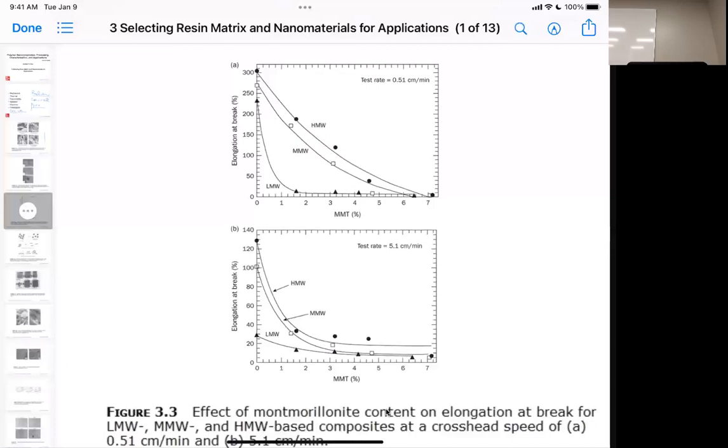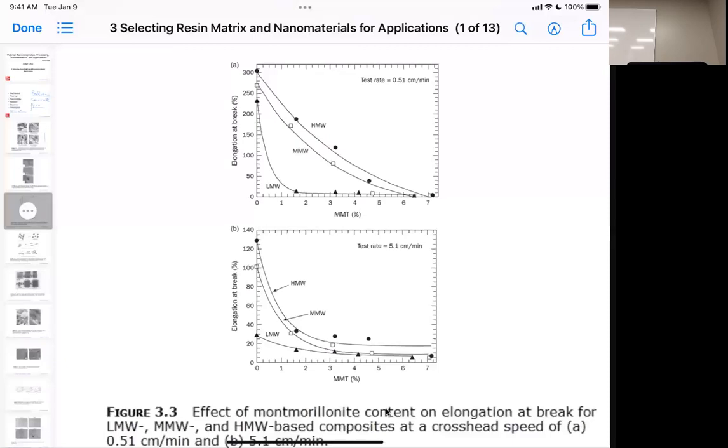So looking at the graph, isn't LMW the one that is most drastically affected by an increase in MMT? Yes, it is most drastically degraded by the MMT because the plates are breaking it up.